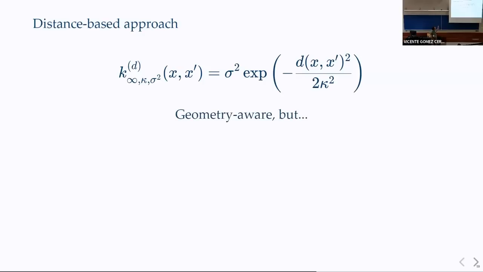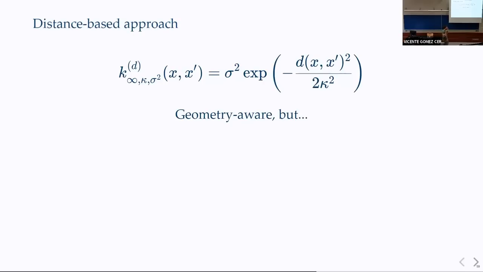Although it is geometry aware, and by saying this word, I mean that it respects the symmetries of the space. Respecting the symmetries here means that if you are on the node set of a graph, for example, then there is the natural set of symmetries, which are automorphisms of this graph. If you're on a manifold, there is a natural set of symmetries, which is isometries of this manifold.